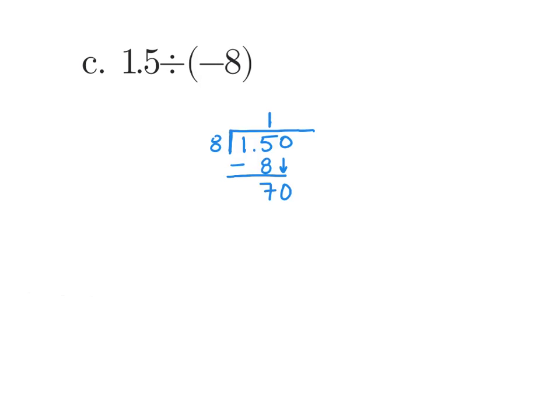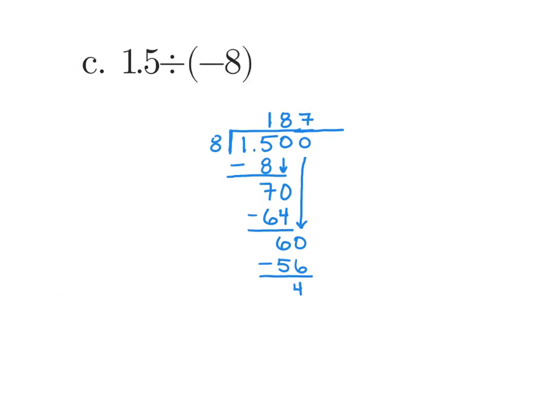8 goes into 70. 8 times 8 is 64. Subtract, we get 6. We add a 0. We bring it down. How many times does 8 go into 60? That's going to be 7 times. 7 times 8 is 56.